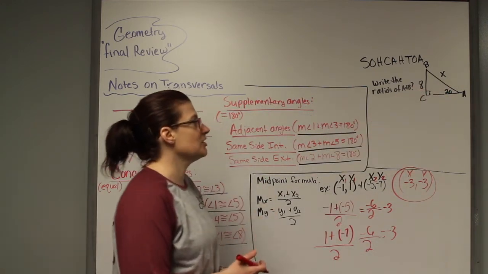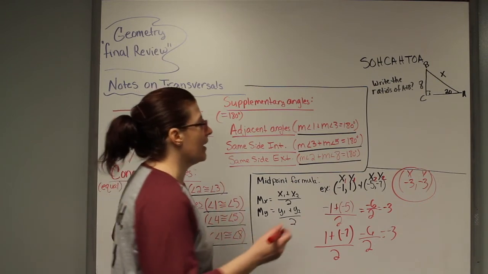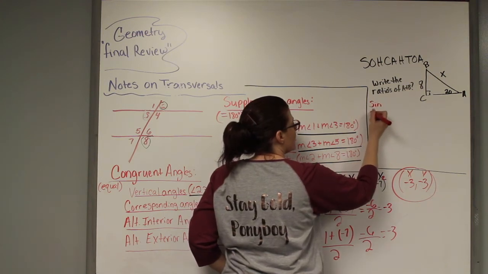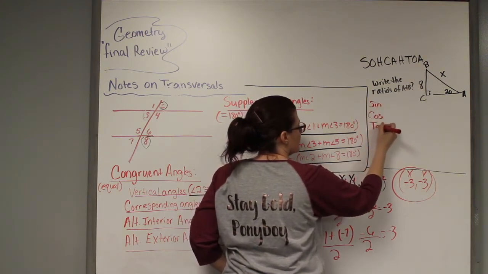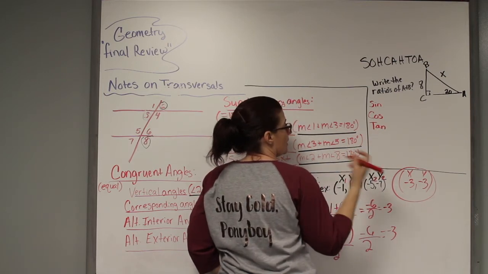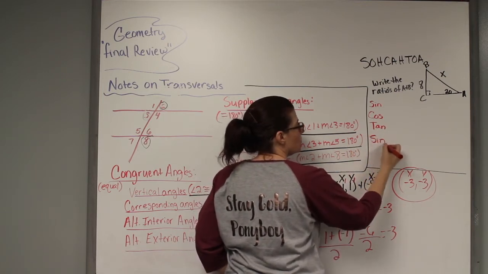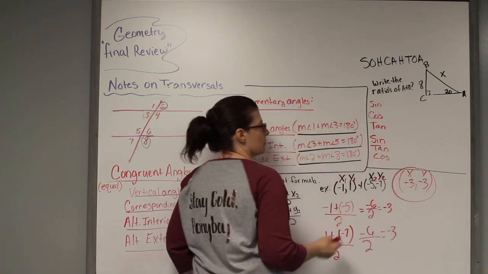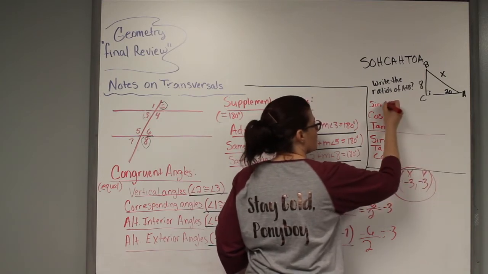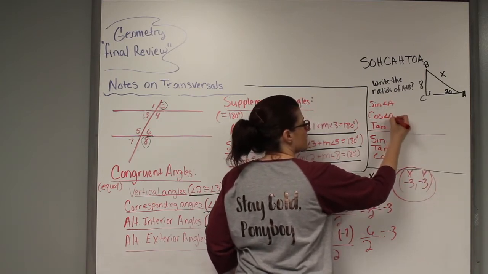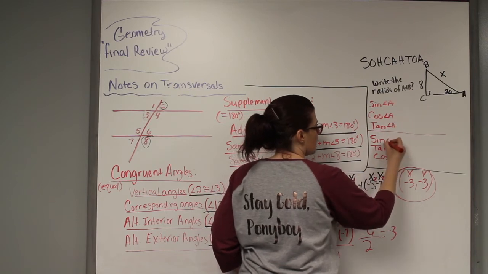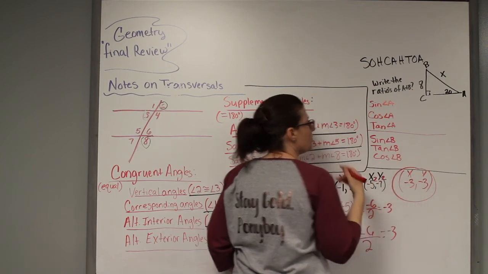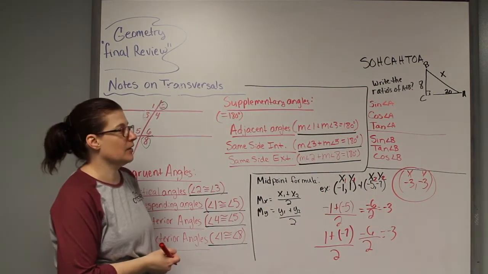So it says list the ratios of A and B. So I need to find the sine, cosine, and tangent of angle A and angle B. But I'm only doing the ratios. I'm not actually solving these, okay? I don't know why I wrote tangent before cosine, but whatever. Angle A and angle B. And then I'm going to put the information that I have in there, okay?